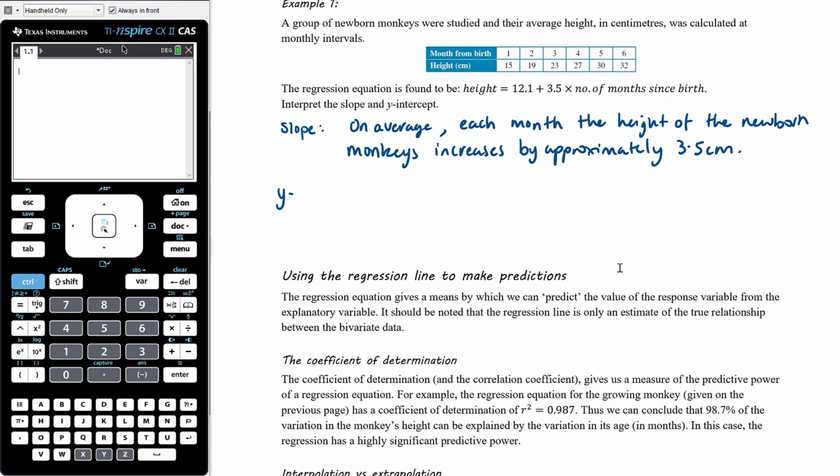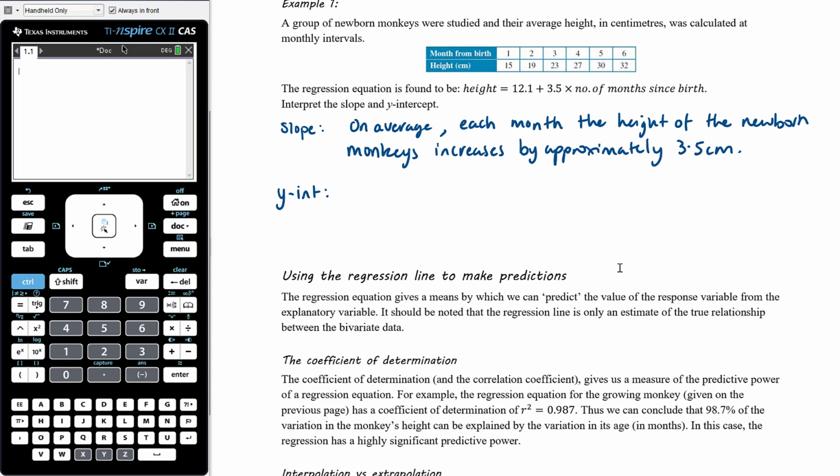Okay, interpretation of the Y-intercept. The Y-intercept is 12.1, and remember the Y-intercept is giving us the value of the response variable when the explanatory variable is 0. So the value of the height when the number of months since birth is 0, which means at birth.